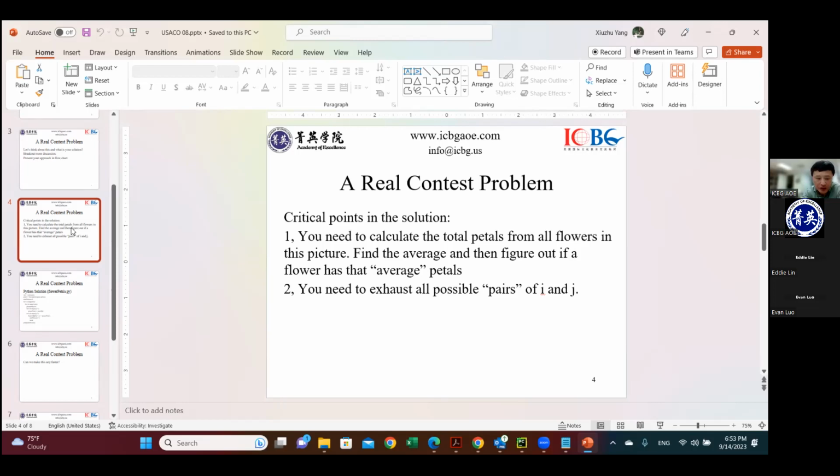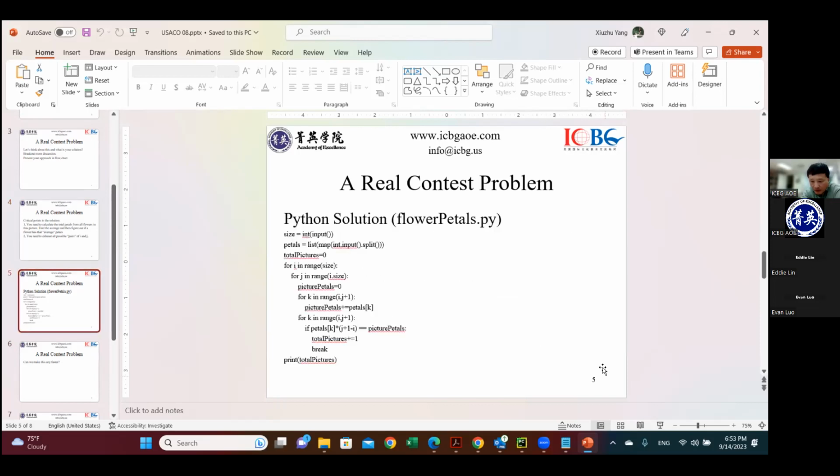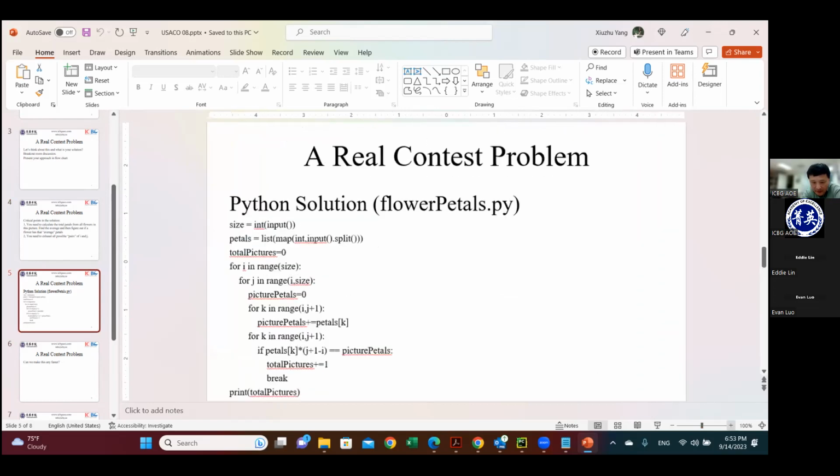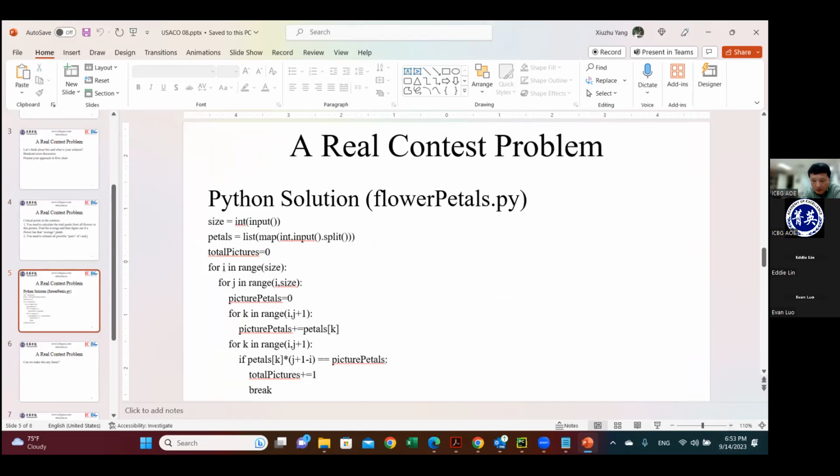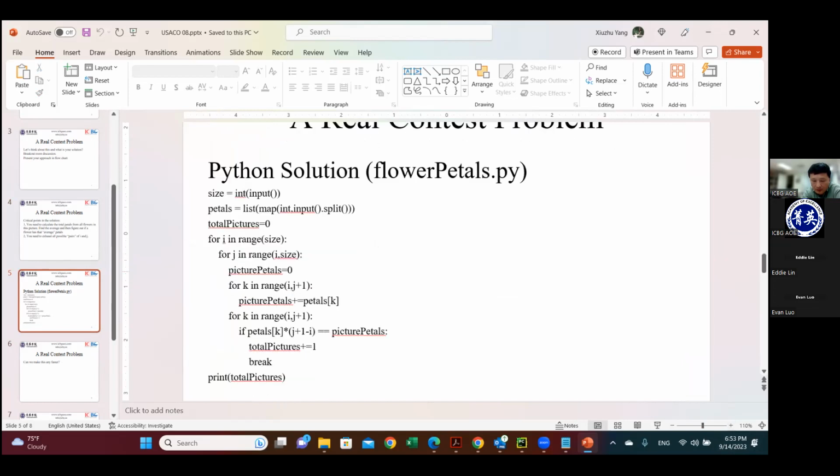Okay, so let me show my code here. So see if you guys can see my code. Right?